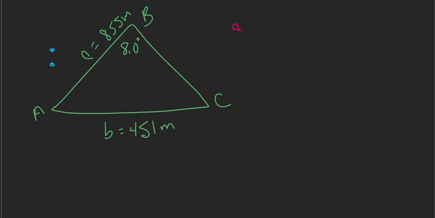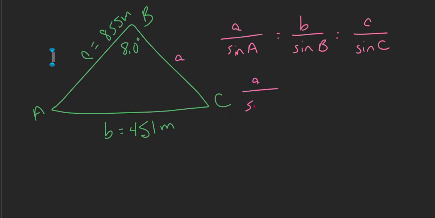So I have A over sine of A, B over sine of B, C over sine of C. I don't know anything about A, so that's going to stay alone. It looks like I know everything about B. I have 451 over sine of 8 degrees. And on C, I know the side length, but not the angle.